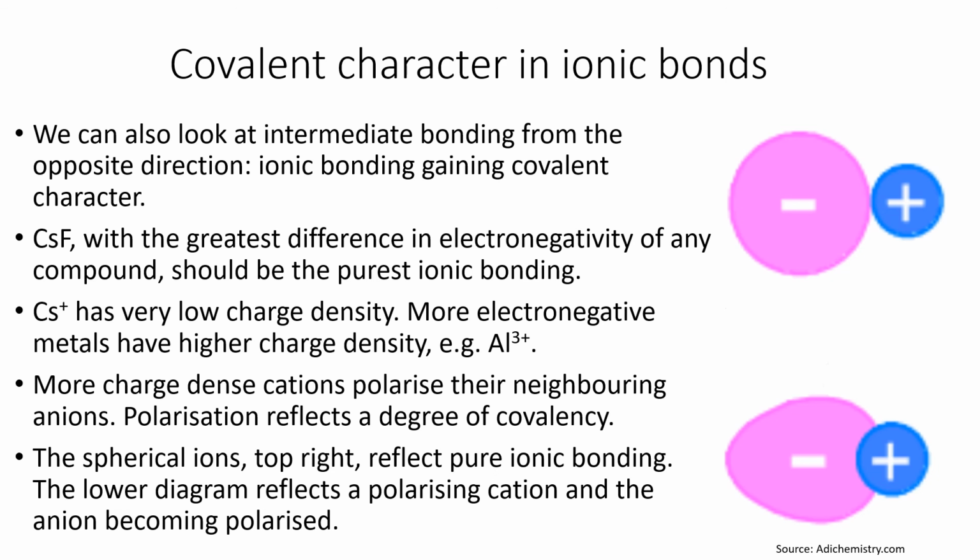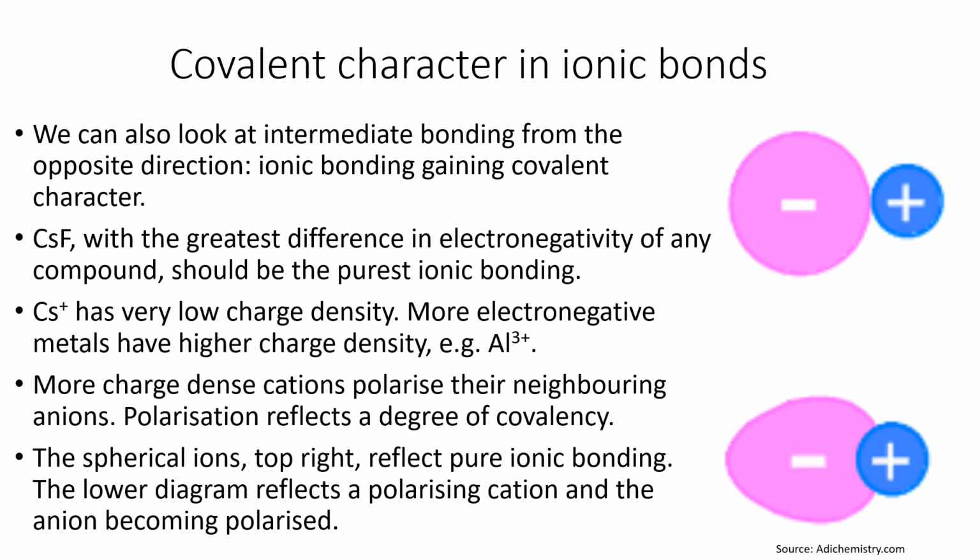So it's intermediate bonding, looking at it from the ionic direction. We've got this model form on the top right, where you've got just a pure ionic interaction with no polarization whatsoever, and so we tend to consider these ions as perfectly spherical. And then the more charge dense cation, which we would call polarizing. If an ion is very charge dense, we can also say it's got high polarizing power.